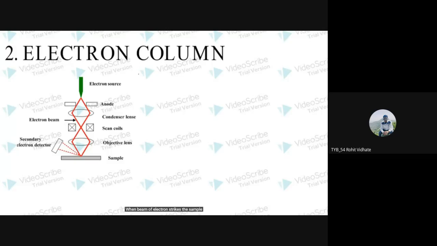When the beam of electrons strikes the sample, the surface emits secondary electrons, and these secondary electrons can be detected using detectors which are capable of converting this electronic signal into an image. The electron column is discussed in detail in the video on the scanning electron microscope, so please refer to that.